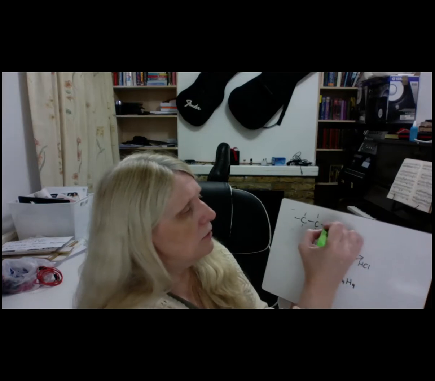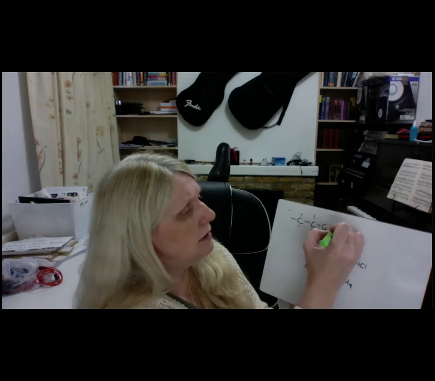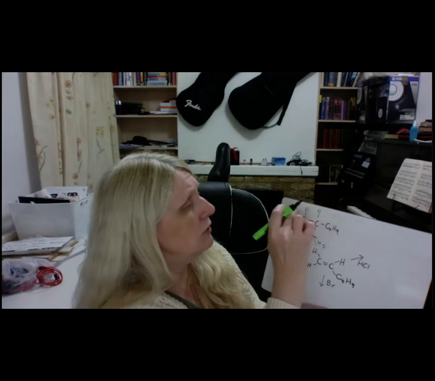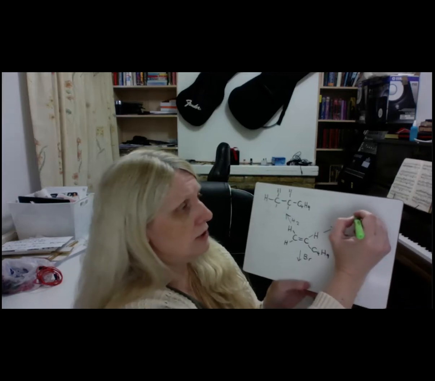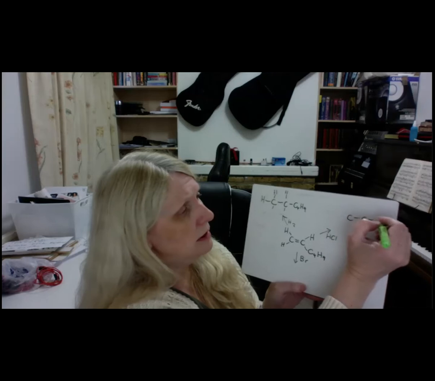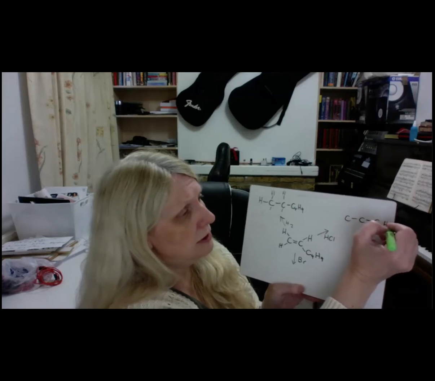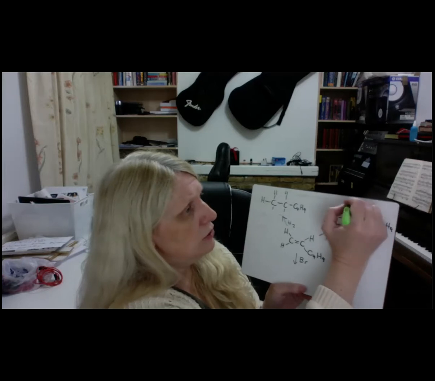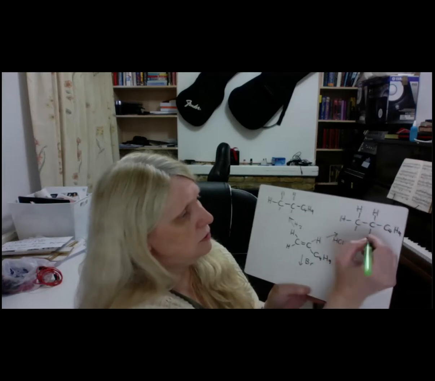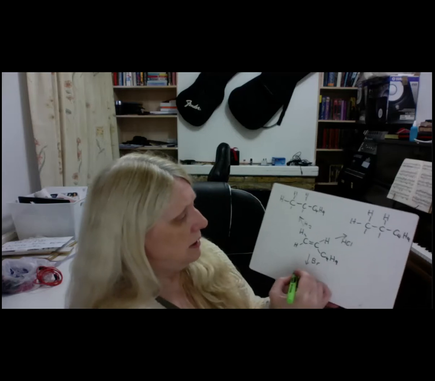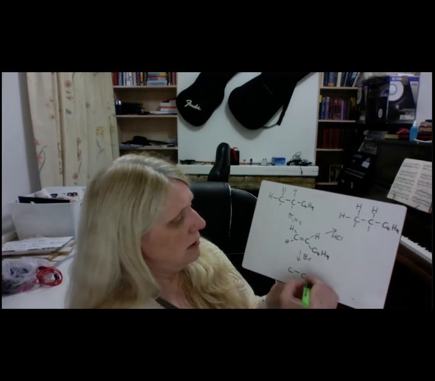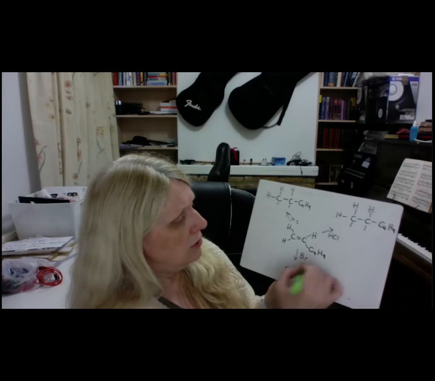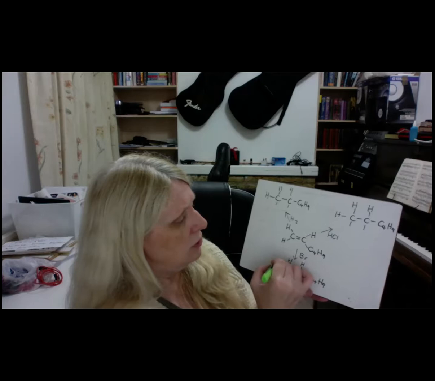C4H9 goes there, and we'll have H, H, H. They're all going to do the same. They're all addition reactions. So C4H9, H, H, H. Those two, we'll see those in a minute. And then my last one down here, C4H9, H, H, H.